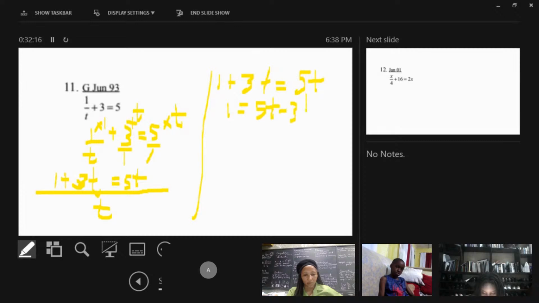So 1 is equal to 2t. I will divide the 1 and the 2t, miss, by 2. Cancel the 2. So t is equal to 1.5. Correct.